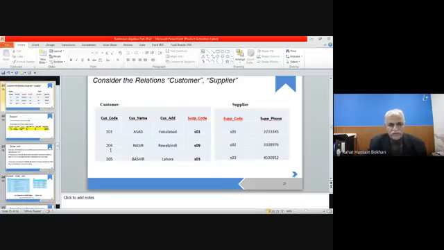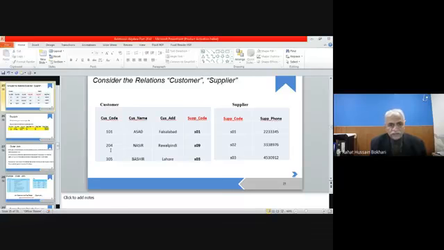This is the same table. So for the same table, we have to keep the records or tuples in which the supplier code of the customer table equals the supplier code of the supplier table. In that manner, we might get two rows.